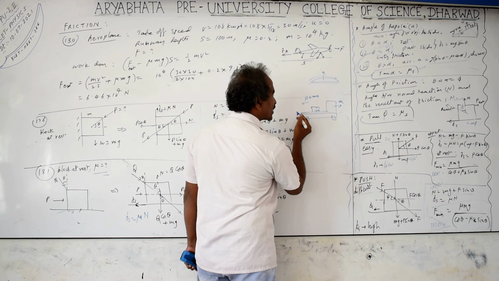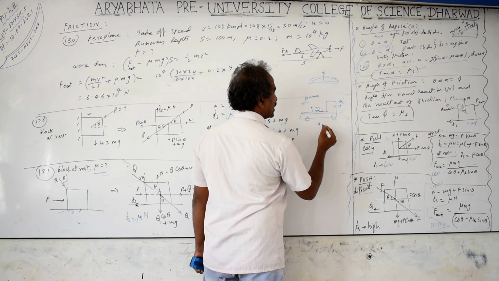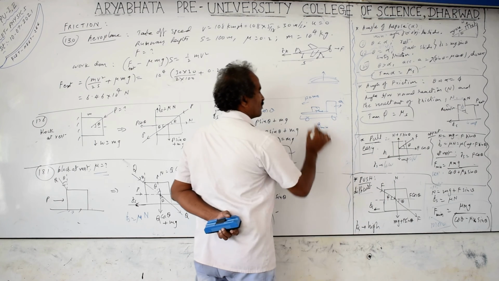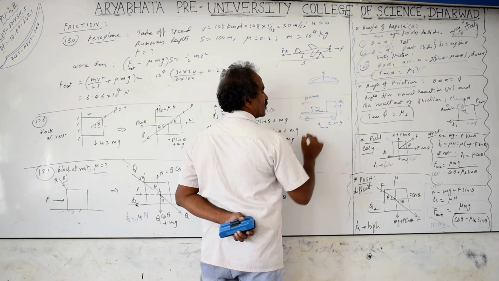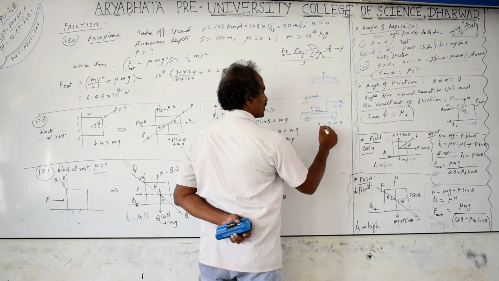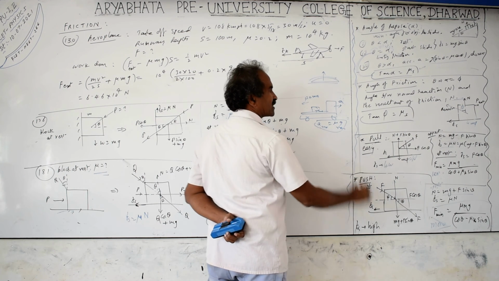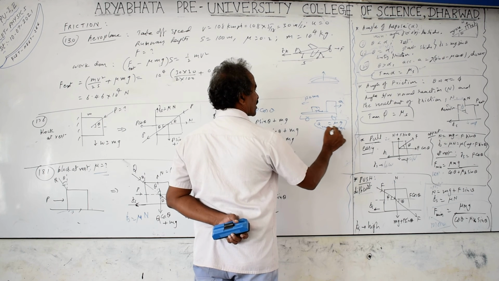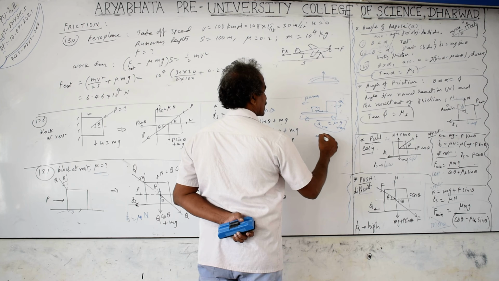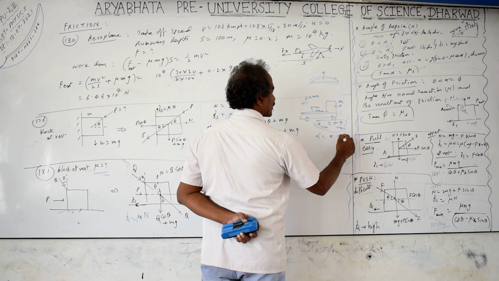It is trying to slide in the backward direction due to the pseudo force, which means friction is acting in the forward direction. The maximum acceleration for which the block stays at rest is A equal to mu g. If the acceleration is more than this, then the net resultant acceleration is nothing but A minus mu g.